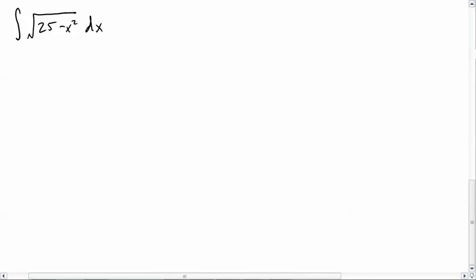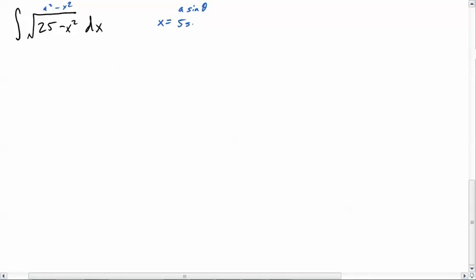Alright, so we're going to go into sine, and we're going to say x equals a sine of theta. Okay, so a is the number in front. We'll just take the square root of the number in front because this is a squared minus x squared. And so a is going to be 5.